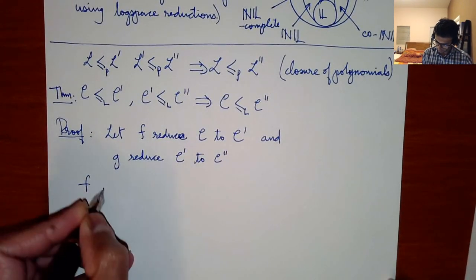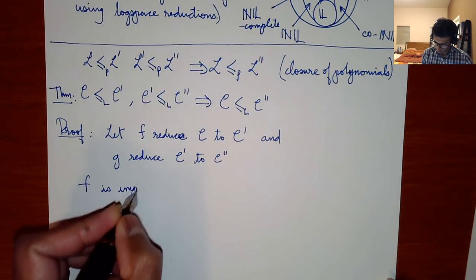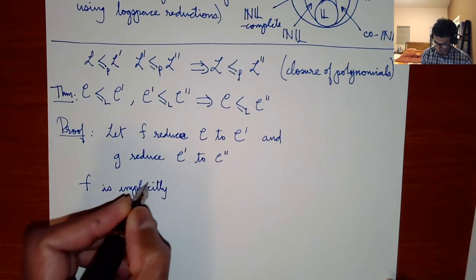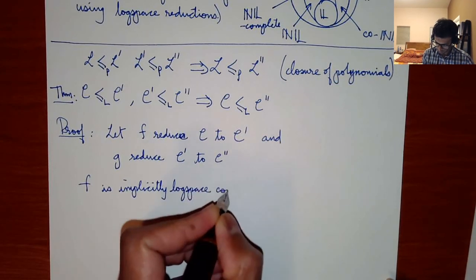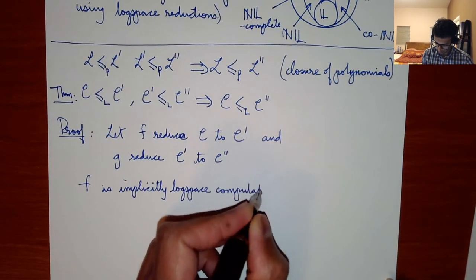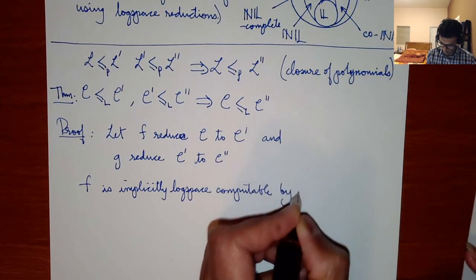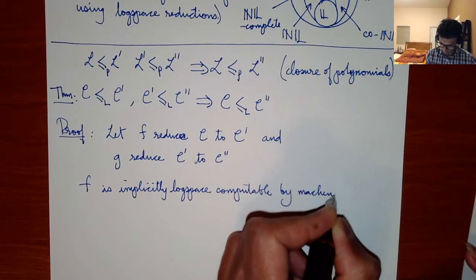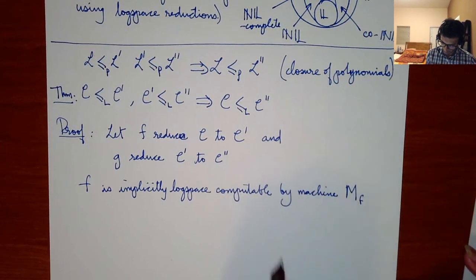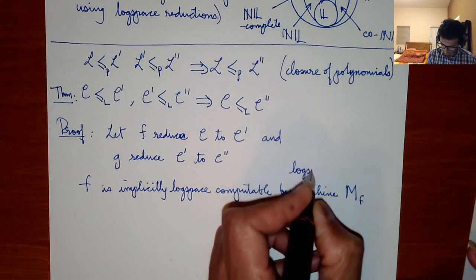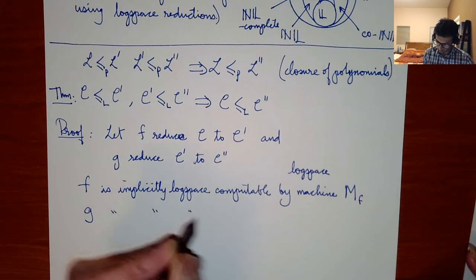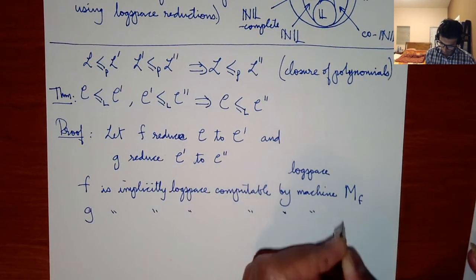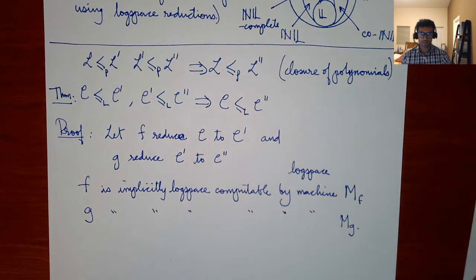And so F is implicitly Logspace computable by a Logspace machine M sub F, and G is implicitly Logspace computable by a Logspace machine M sub G.